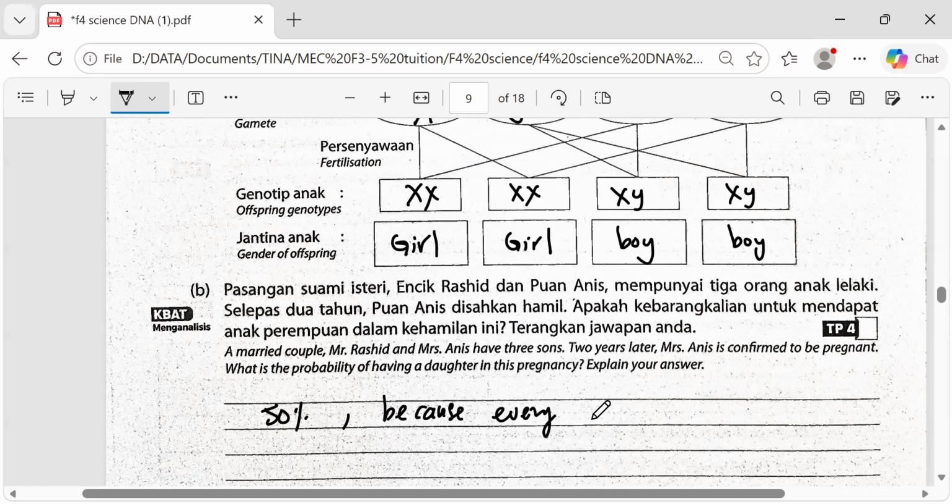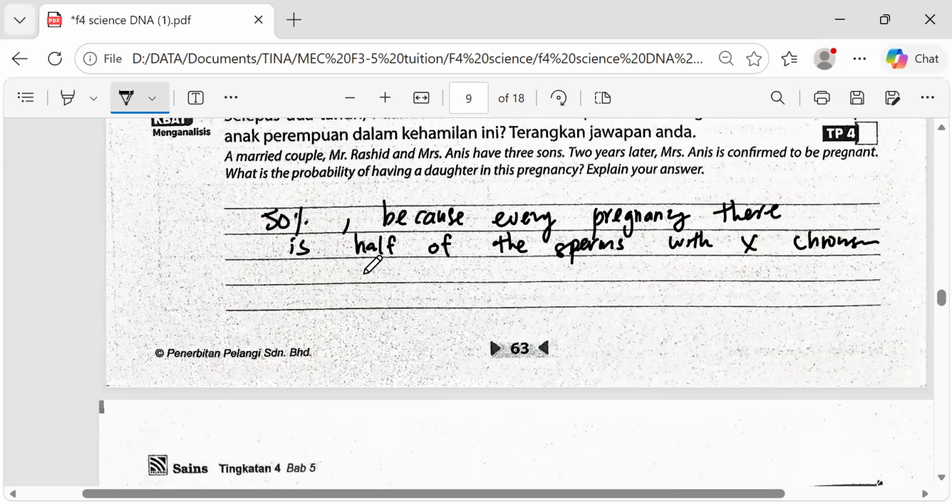every pregnancy, there is half of the sperms with X chromosome and half with Y chromosome.